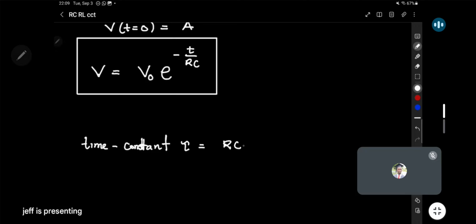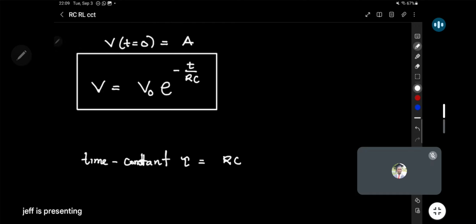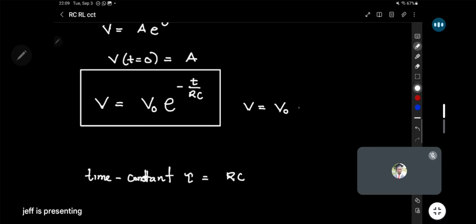If we define the time constant as RC, what happens here? Notice that it now implies that in our expression, V is equal to the initial voltage stored multiplying the exponent of minus t over tau, where tau is that time constant.